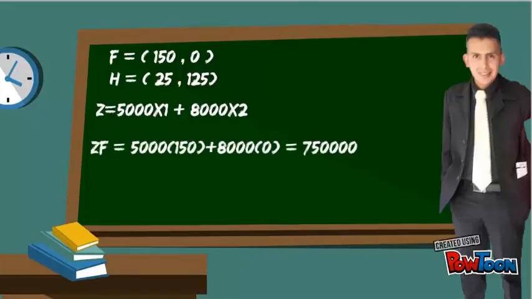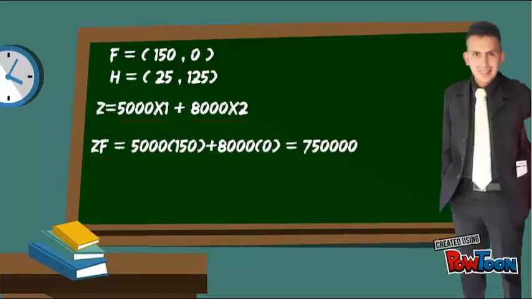CF equals 5,000 multiplied by 150 plus 8,000 multiplied by 0, equals 750,000.